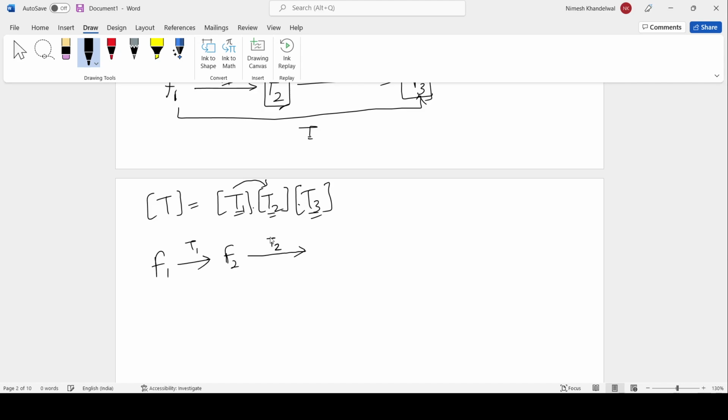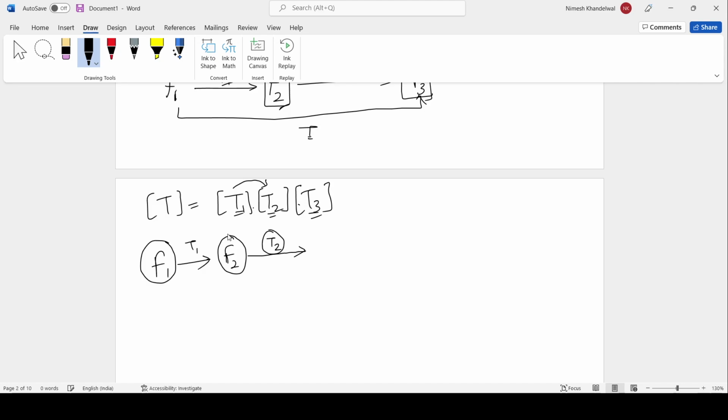But now this transformation is about the previous frame itself, it is not about the new frame. So let's say I'm talking about frame F1.